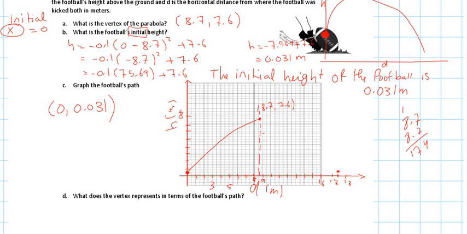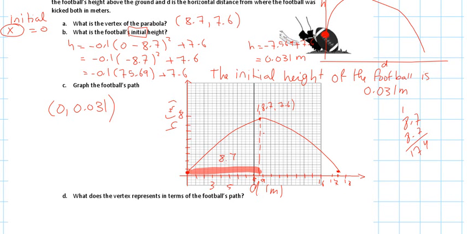So here's what I did. Eyes on the board, please. From the axis of symmetry, from the vertex to my initial value right here, I have 8.7. Yes? I have 8.7 from the axis of symmetry to that initial value. Okay?